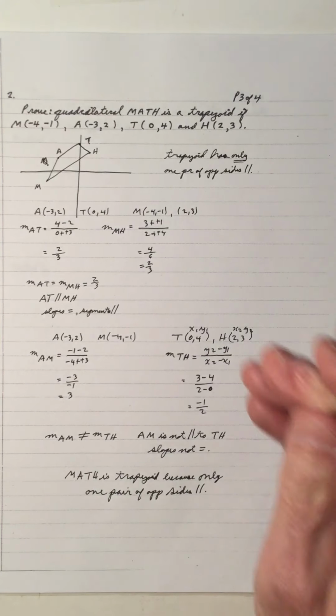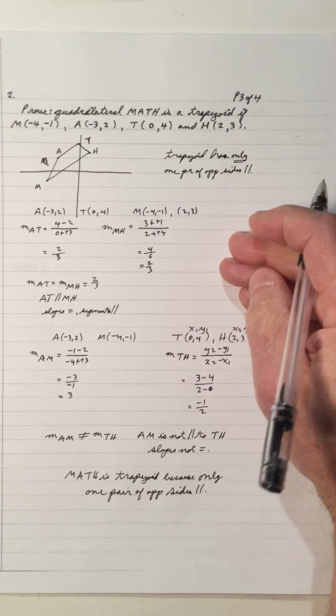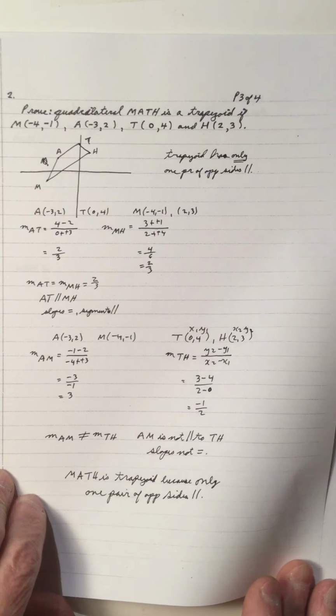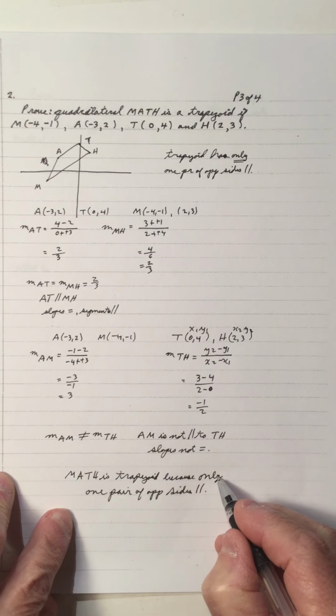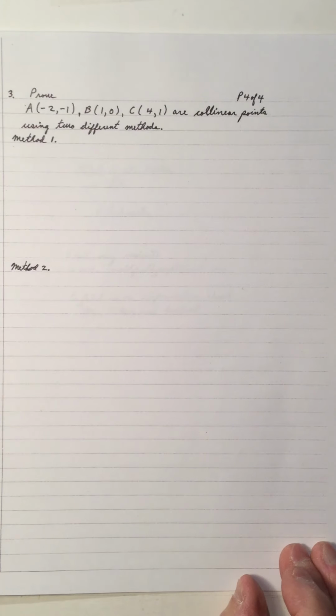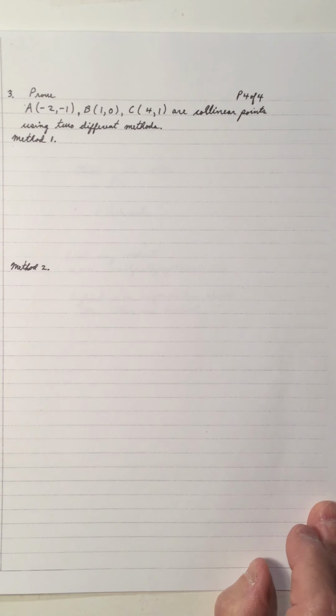So notice I proved that one pair is parallel, and the other pair is not. That's the official way to do it, if you accept that the definition of a trapezoid is only one pair. Check with your teacher, make sure. And then we have another proof to do.